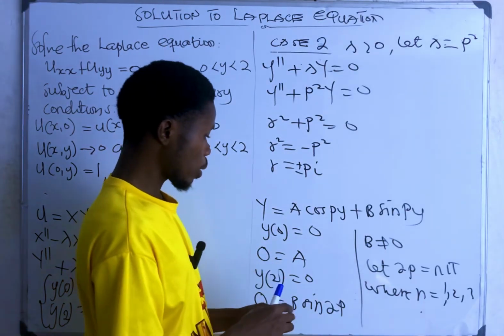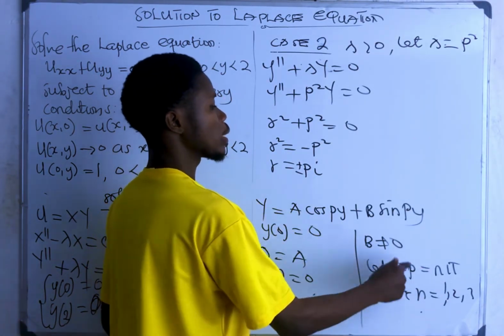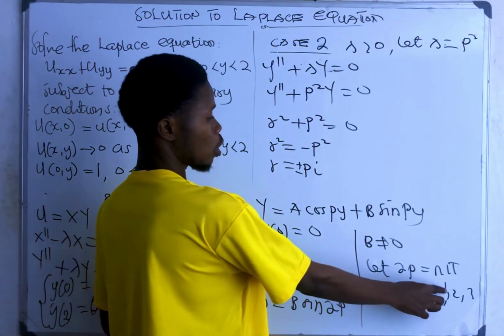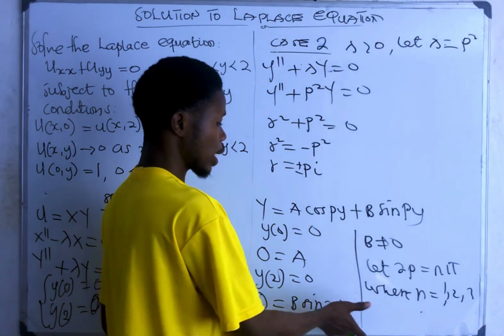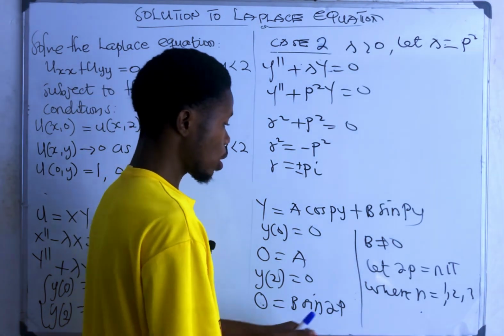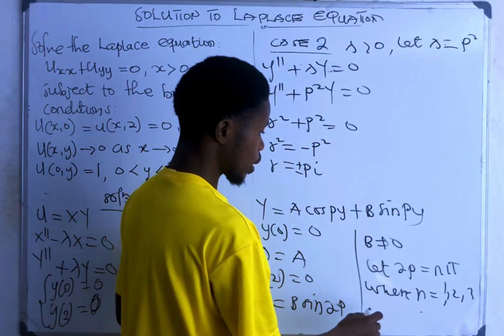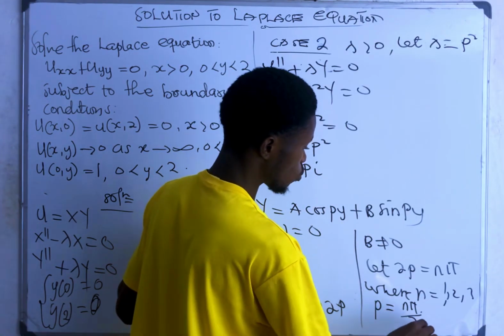Is that okay? So that when I replace this 2p by the n pi, any number I substitute here will give us 0. So now you can say that this side is 0, then the b can stand so that we can work with it. If you do this, let's make p the subject. I'm going to have p equals n pi over 2.